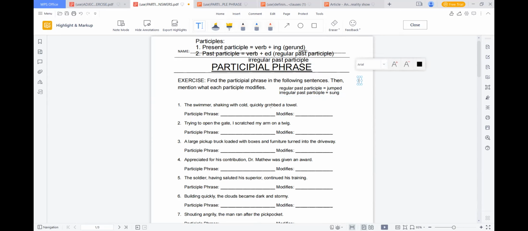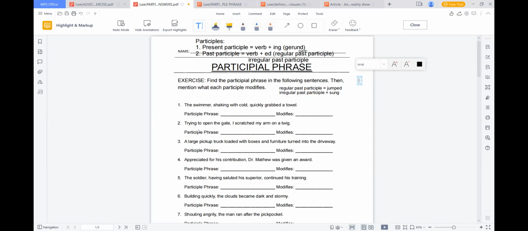So here in the sentence, this participle phrase, we call it participle, P-I-A-L or P-L-E, they are the same. They actually modify something. For example, let's take a look at: The swimmer shaking with cold quickly grabbed a towel. Now you need to look for the verb with ing first if it is an action verb.